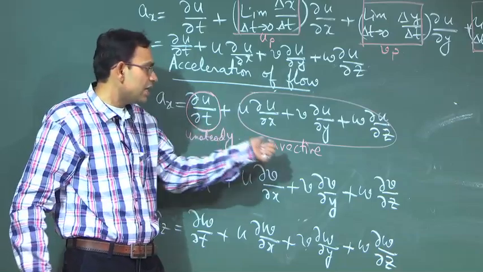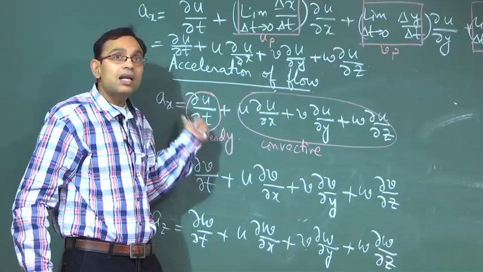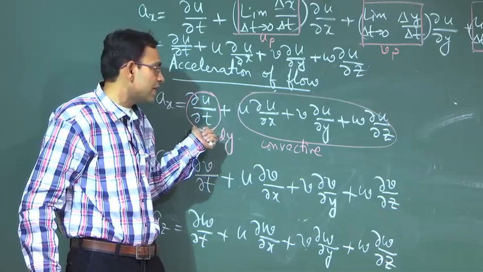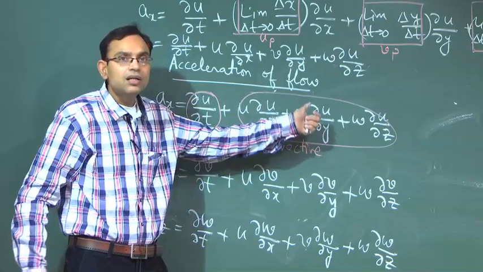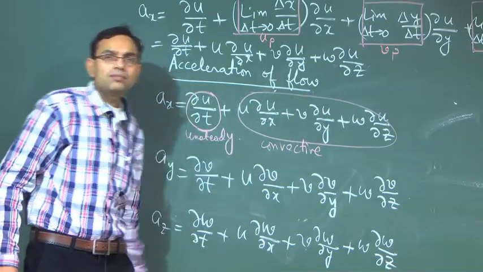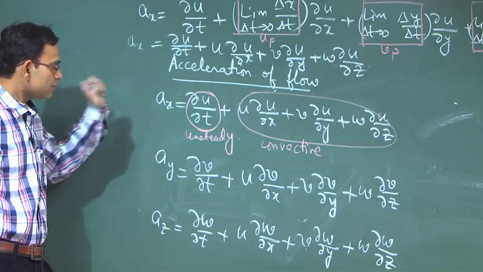So the net acceleration is the sum total physically: one, if the particle had remained at that location what would have been the acceleration, the other is had the particle gone from one location to the other what could be the acceleration. So the total effect is the acceleration.